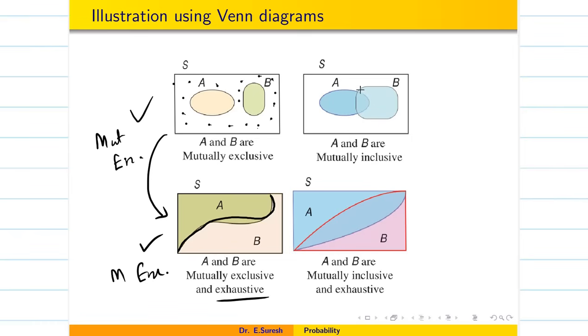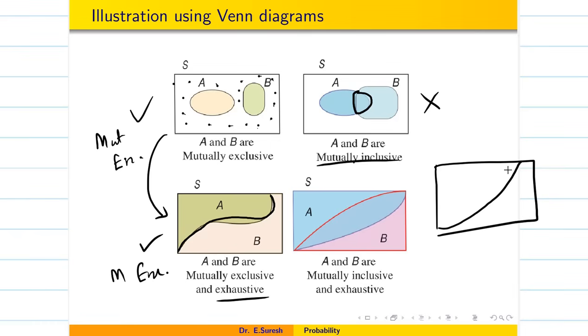Then coming to the third picture, there is some common element between A and B. So it cannot be mutually exclusive, it is mutually inclusive. Here you see, this is my A and B is like this.